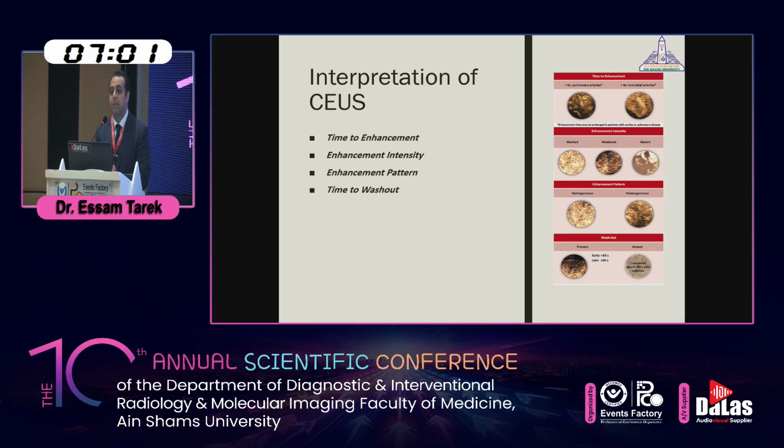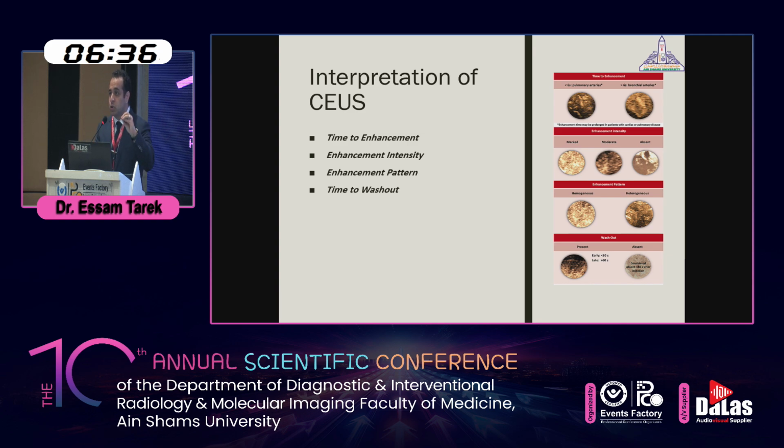Here is another basic of contrast enhancement. It depends on the fact that the lung has a dual blood supply. We have a systemic blood supply with the bronchial arteries, mainly for nourishing the lung parenchyma with blood. And we have the pulmonary circulation, which is mainly for gas exchange.